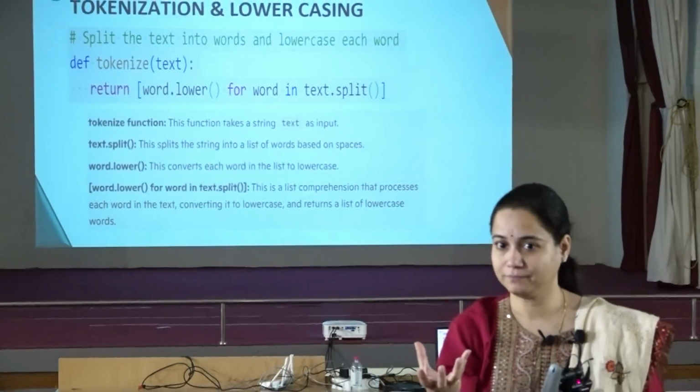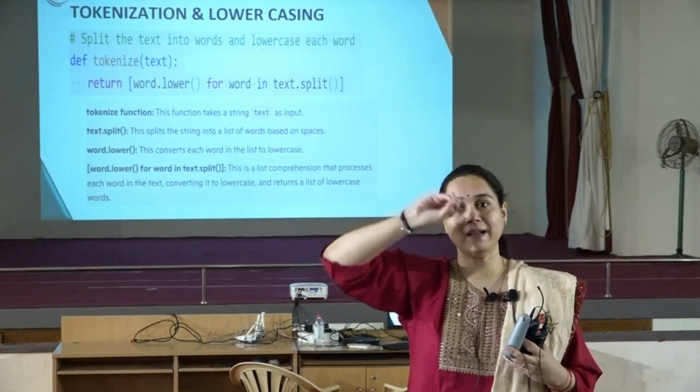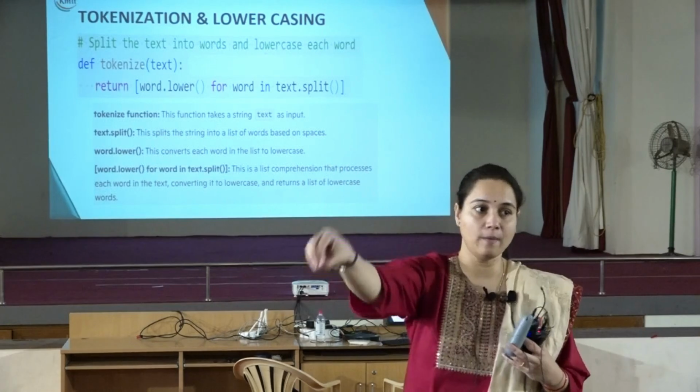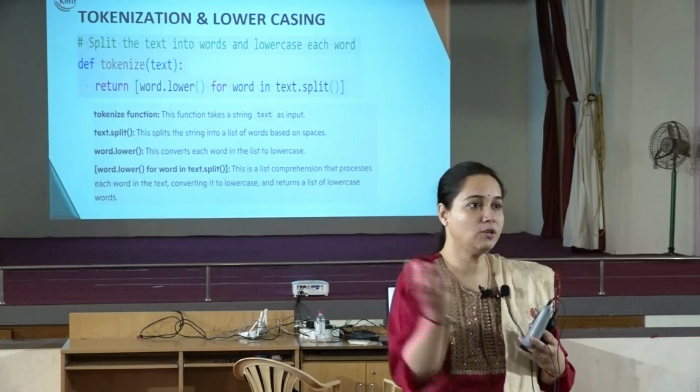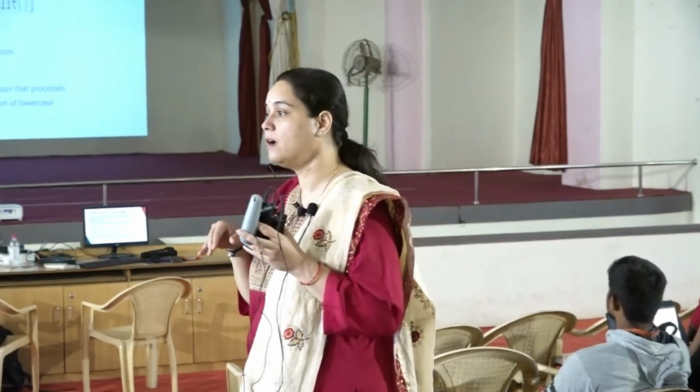Word. Once I have applied the split method to my text strings, automatically what you will get is words, because it splits your strings based on the spaces. Clear enough? So your output would be there as a word.